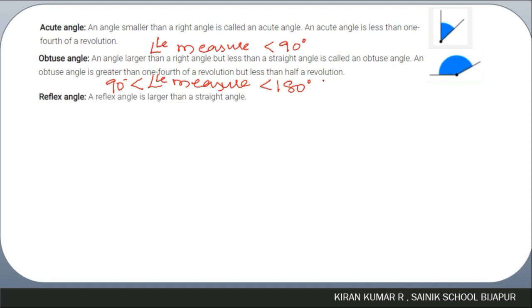Next we have the reflex angle. A reflex angle is larger than a straight angle. Look at this figure here. This angle measure is greater than 180 degrees.